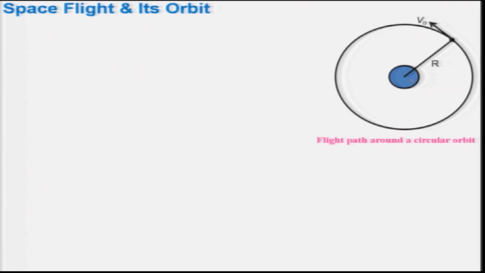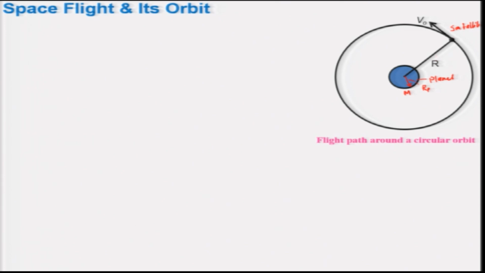If you look at this, this is a planet, which has a mass capital M and a radius Rp. This is your satellite, having a very small mass, and the distance between the center of this planet and the center of mass of this satellite is r.